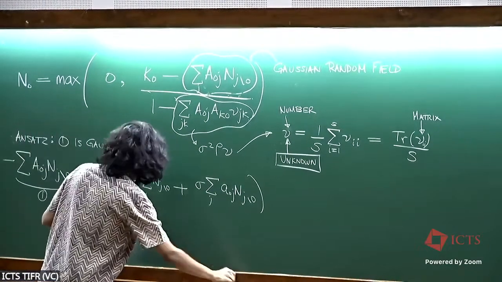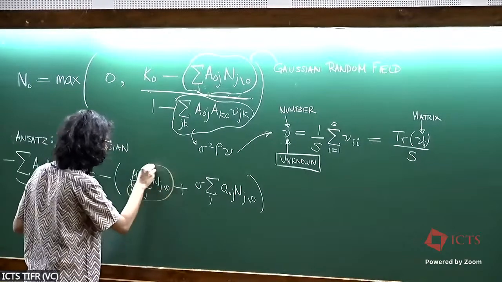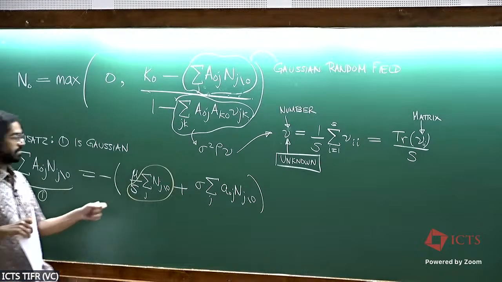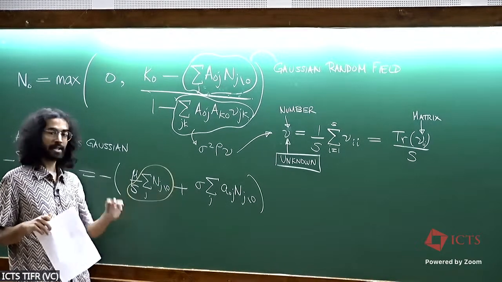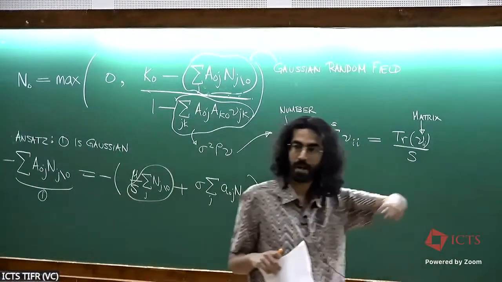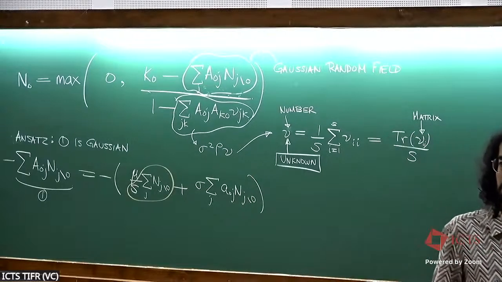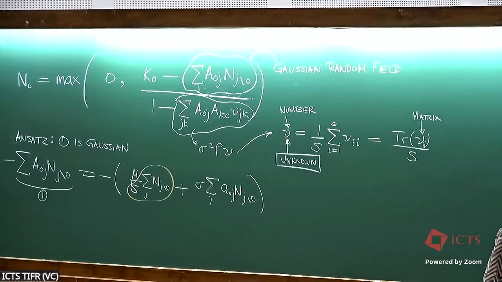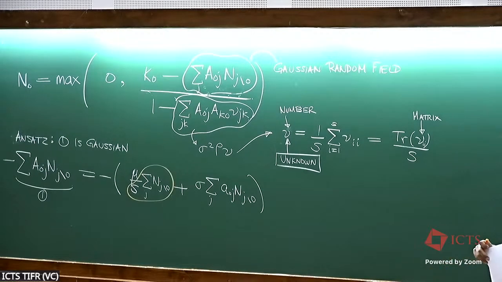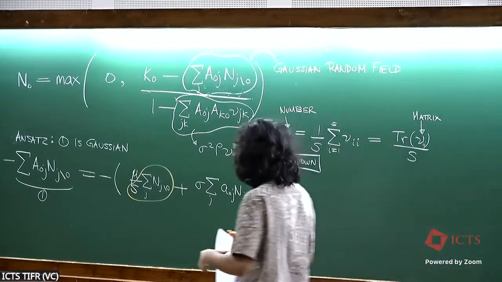What is this guy over here? This is N1 without zero plus N2 without zero plus N3 without zero, blah, blah, blah, divided by S. Have we heard of a quantity like that ever in our lives, where you sum up a bunch of things and you divide by how many? It's just the mean abundance, right?